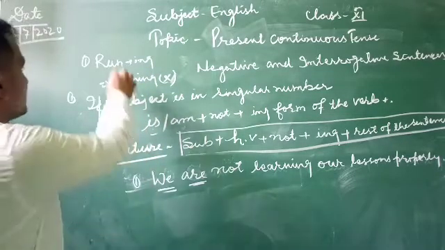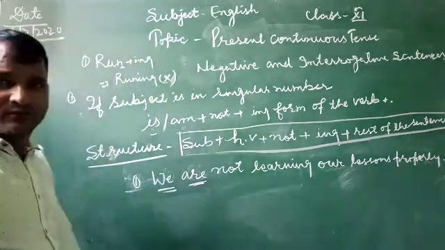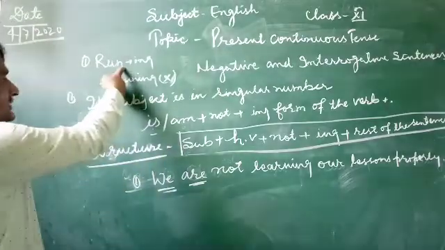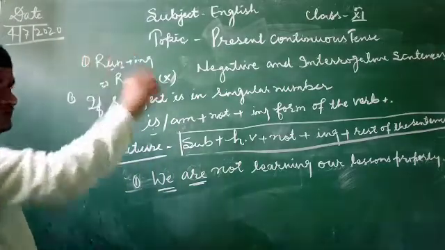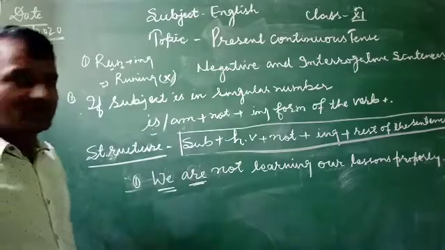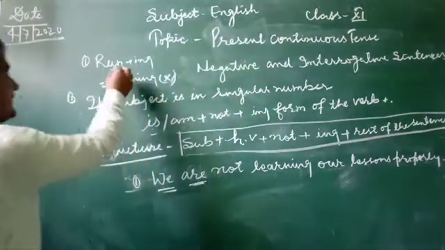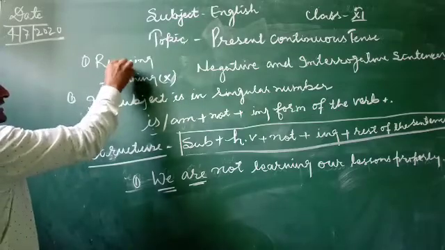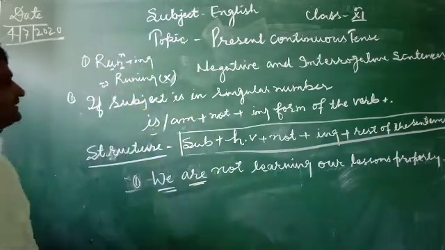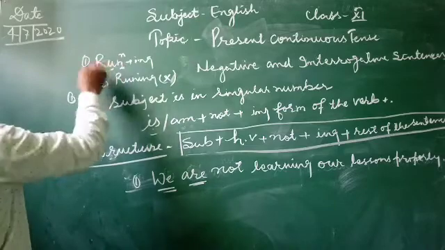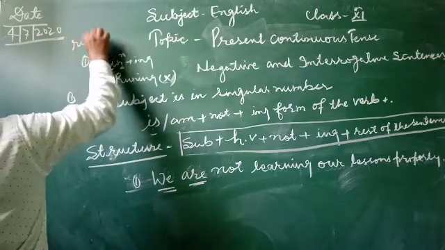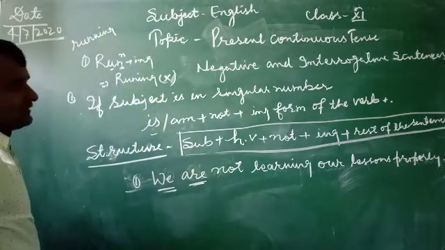Why? Because here the last letter is a consonant, and before this consonant a vowel is used. In such a condition the last letter n gets doubled. So in this way the spelling is running.